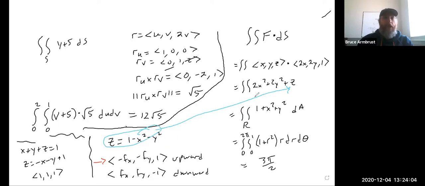And the flux on that bottom surface would have been really easy to do, because if you think about that bottom surface, it's the xy plane, or the circle in the xy plane. Its vector that's going to be pointing down is 0, 0, minus 1. If we were going to do it that way, let me show you, I can just mark this up here real quick. Let me clear some space.